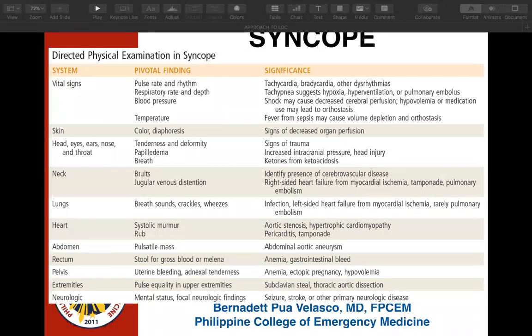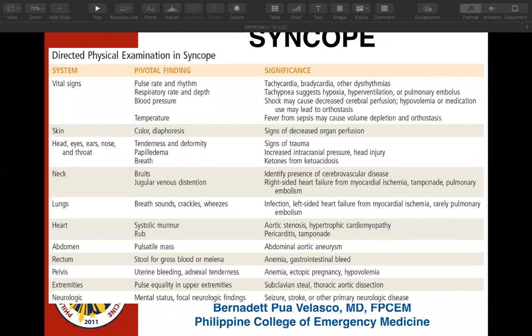When we do our physical examination, we need to focus on the cardiovascular and neurologic systems. Signs of orthostasis should be sought in all cases in which the mechanism is suggested.